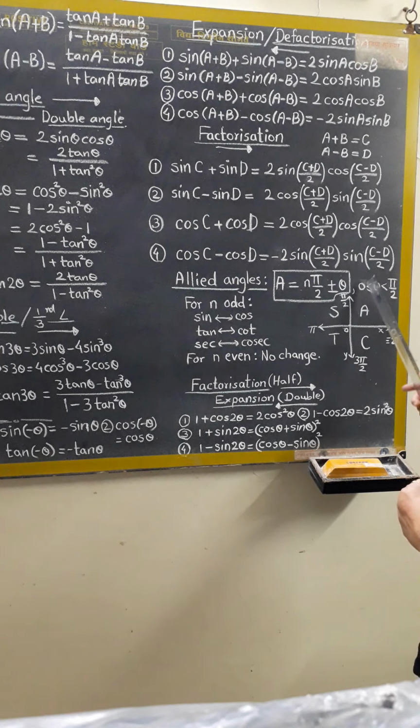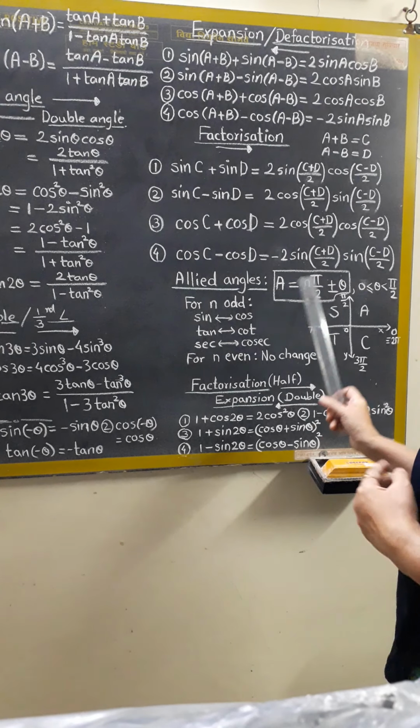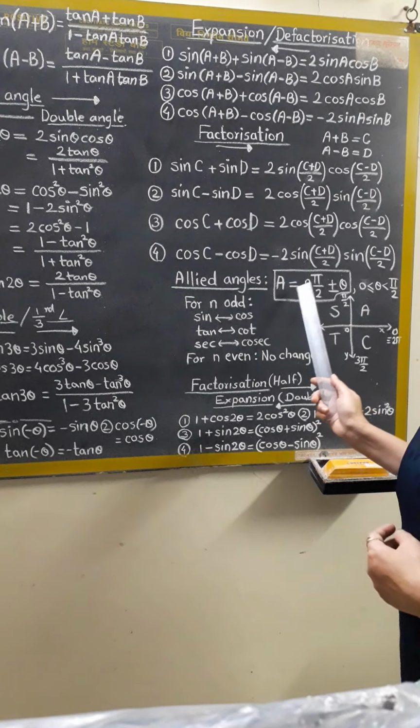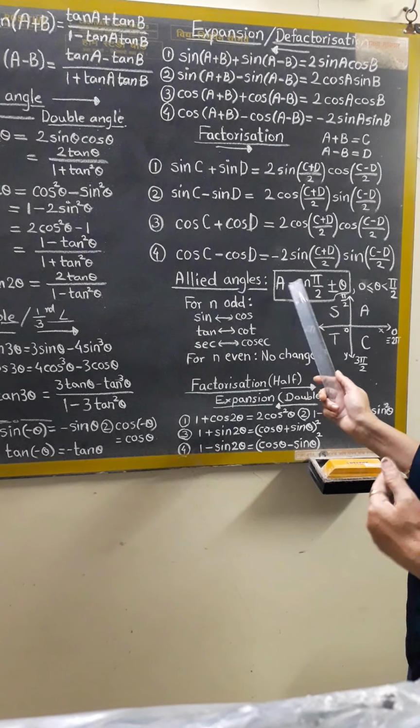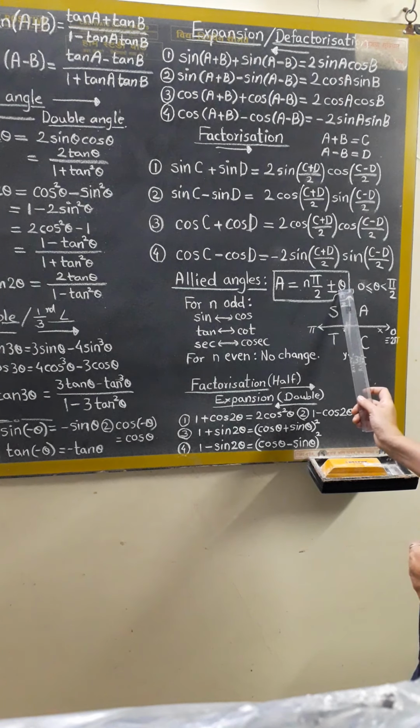When it is the acute angle, then any angle can be expressed like this, as a multiple of 90 degrees or multiple of pi by 2 plus or minus theta. Okay.